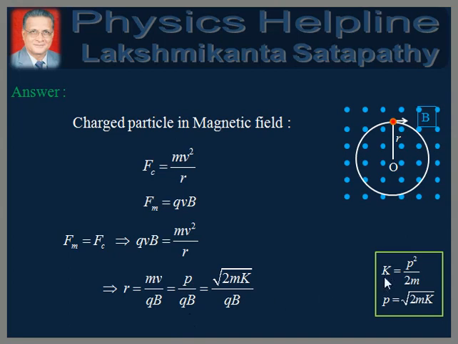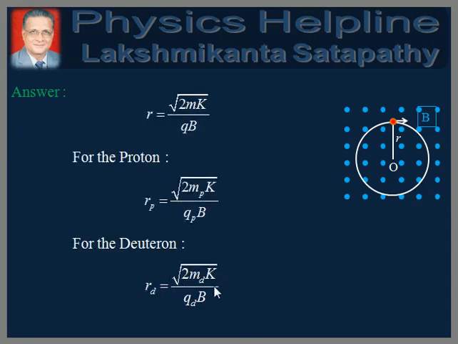Now, kinetic energy K is equal to p square by 2m. Therefore, which gives us p is equal to root over 2mK, because p square will be 2mK and p will be root over 2mK. Therefore, r is equal to root over 2mK divided by QB. Here, we have written the same equation for the radius of the circular path for the proton.